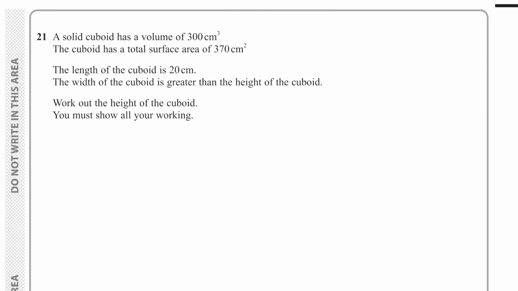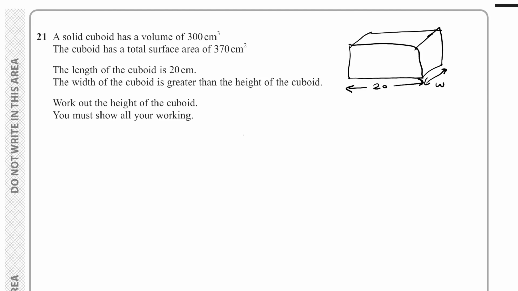So we're going to have to write down some formulas. So we've got a cuboid, which looks something like this. We've got a length of 20. And then we've got a width and a height.